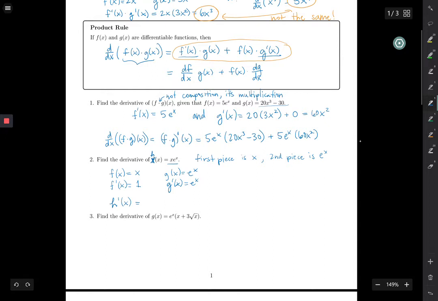So we'll get first f prime times e to the x plus x times e to the x. So these two are matched up and these two are matched up. So that's how you can visualize it. I'll just rewrite this as x e to the x plus x e to the x.